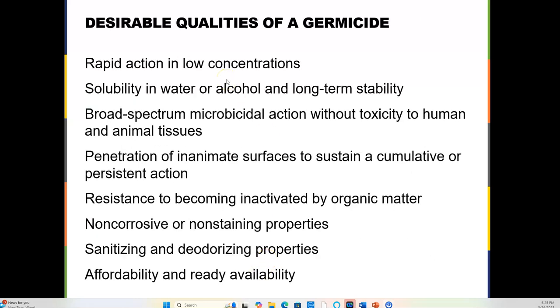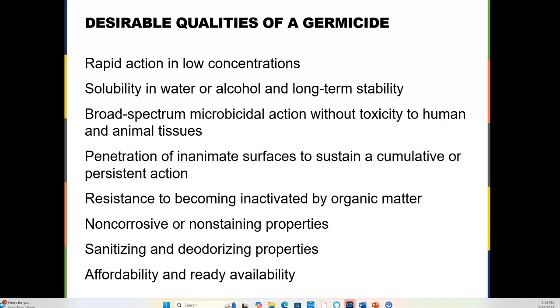Desirable qualities of a germicide. Rapid action at a low concentration, because we don't want to cause any other issues with the chemicals. Solubility in water or alcohol and long-term stability. Broad-spectrum microbicidal action without toxicity to humans and animal tissues. Penetration of inanimate surfaces to sustain a cumulative or persistent action.